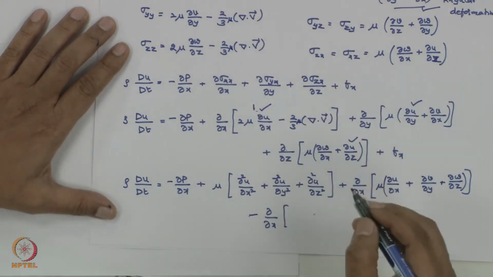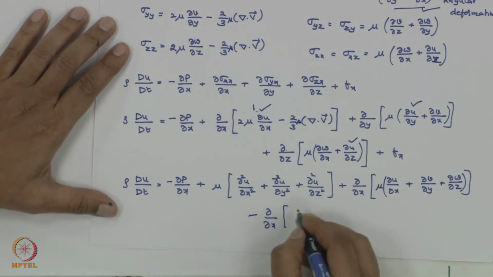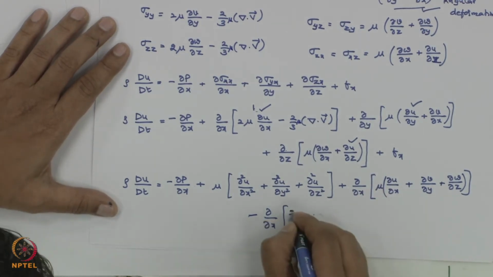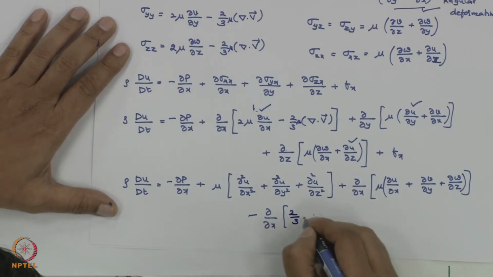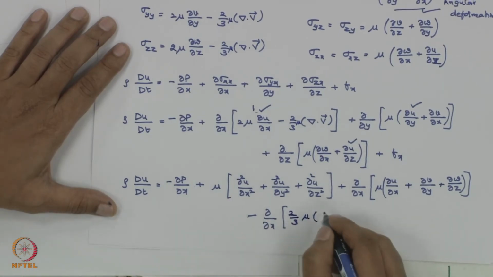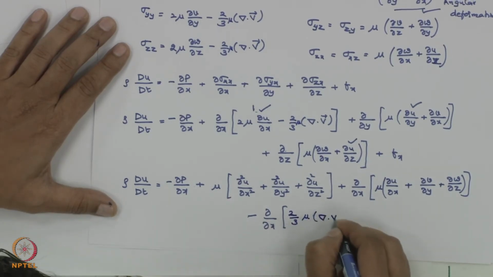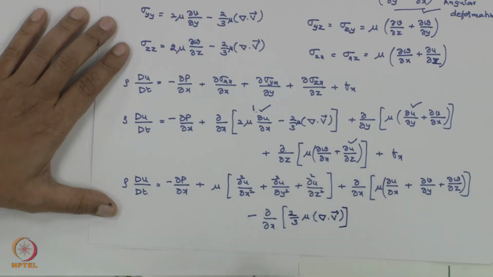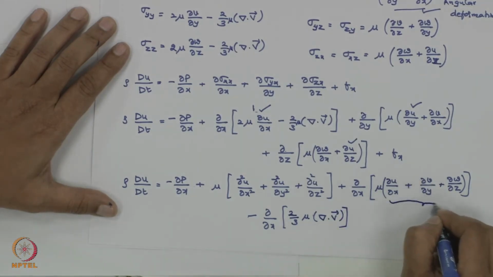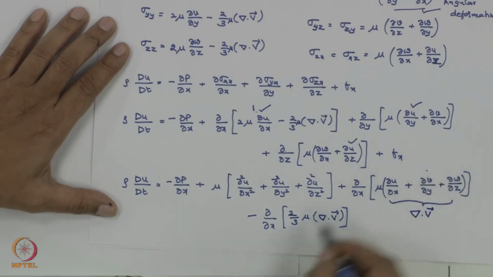So you get minus 2 by 3 mu of del dot v. So what is this, by the way? This is nothing but my del dot v. So this is 1 minus 2 by 3, that's going to be 1 by 3 mu del dot v.